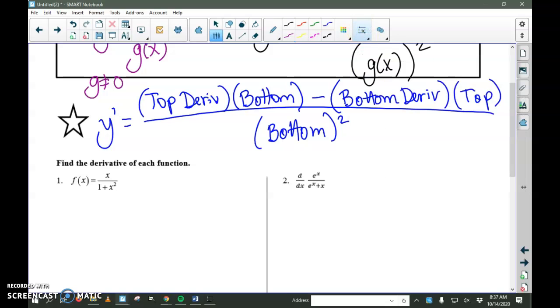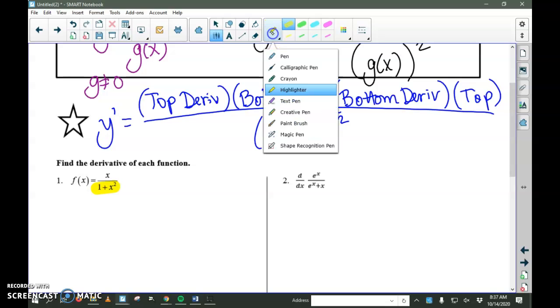So let's take a look at this first problem. It says f of x equals x divided by 1 plus x squared. And when we practiced the other day our whiteboard problems, I said, well, you could split this function up. But you can only split the function up into two fractions if there's a monomial in the denominator. And this denominator has a binomial.